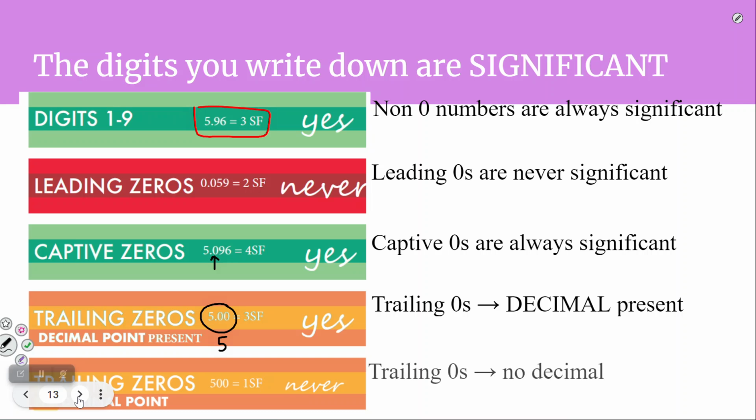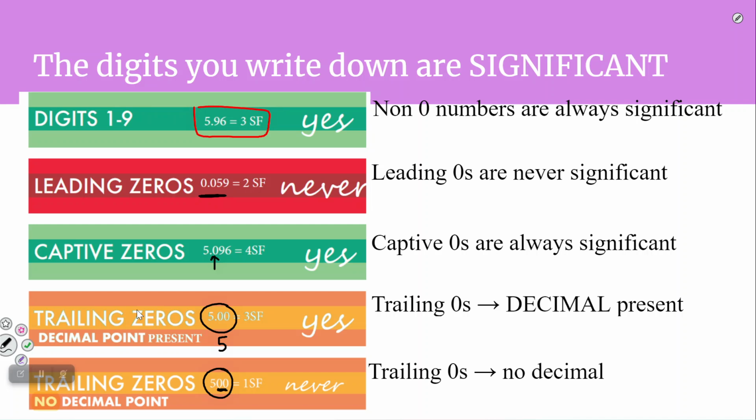Okay, then lastly, we have our trailing zeros if there is no decimal point. Let's see if I can move this guy. If there's no decimal point, our trailing zeros, like an example of 500, in that case, that's kind of the opposite of this situation over here. These zeros here are holding a place, but they are not reporting any measurement. All they're doing is holding a place. So in that respect, this number here would have only 1 significant figure.